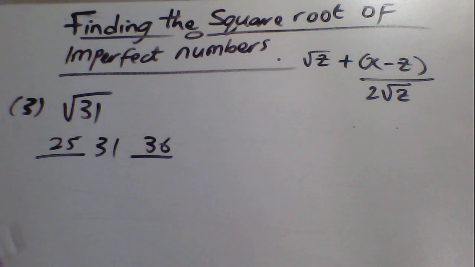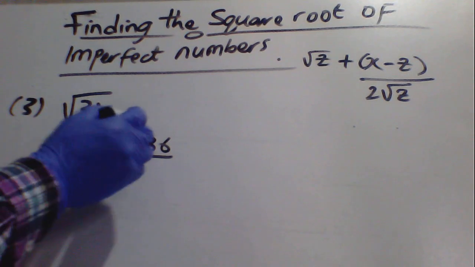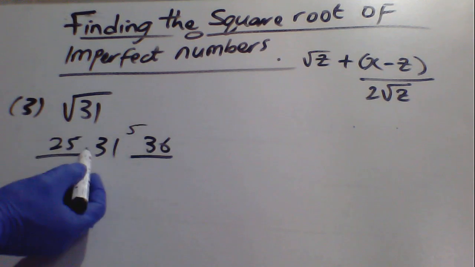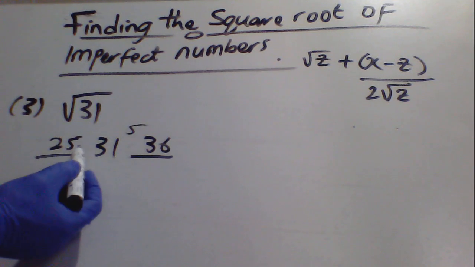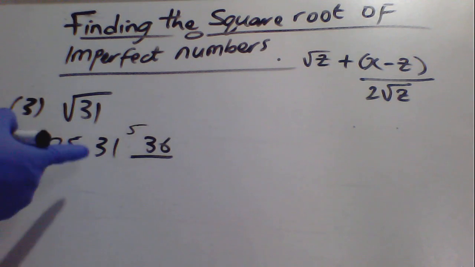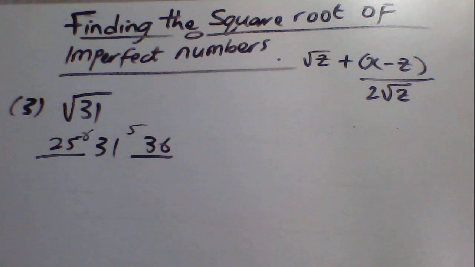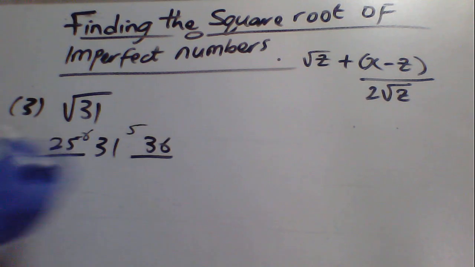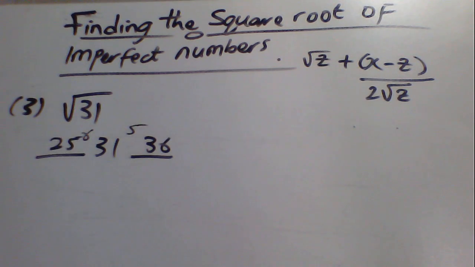Looking at it, you only need to move 5 digits to the right to get 36. Here you have to move how many? You have to move 6 left to get 25. So you see that 36 is closest.